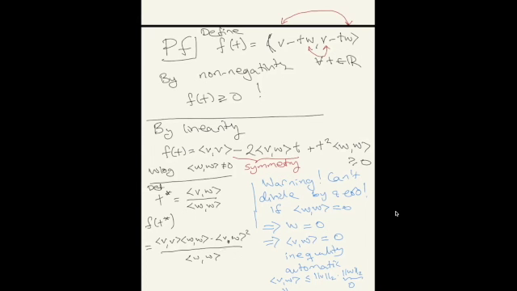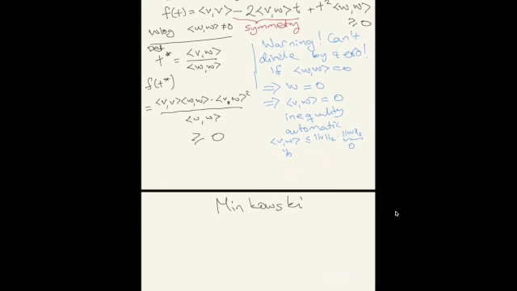Now, this particular value is non-negative. So what we get from it is that, because the denominator, w with w, is positive, the inner product of v with v times the inner product of w with w, minus the inner product of v with w squared, is bigger than or equal to 0.